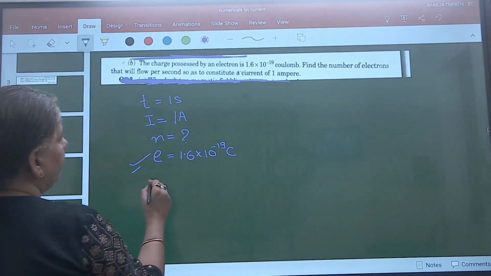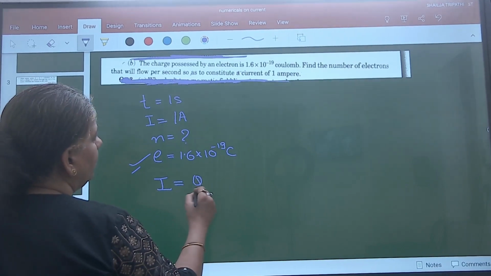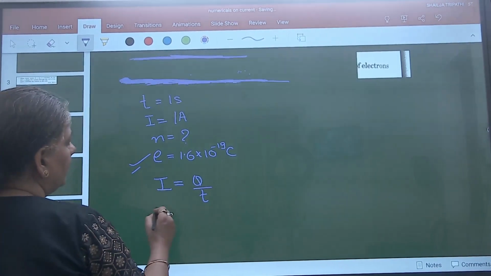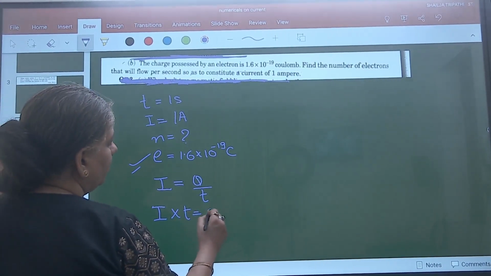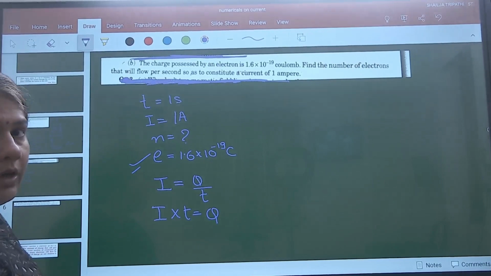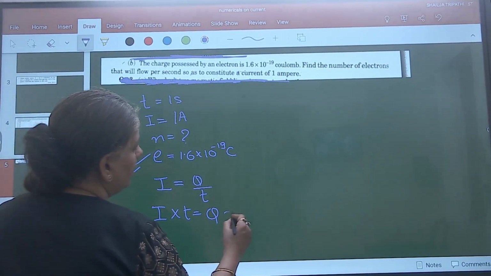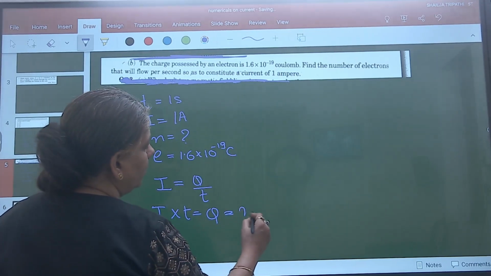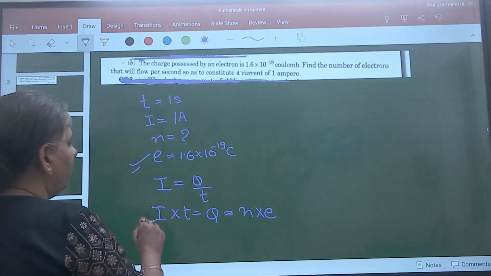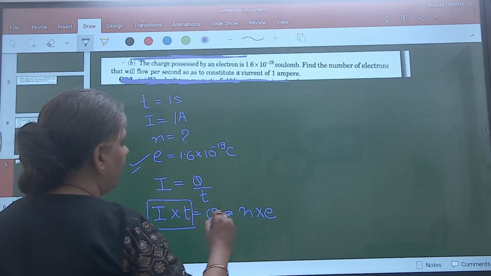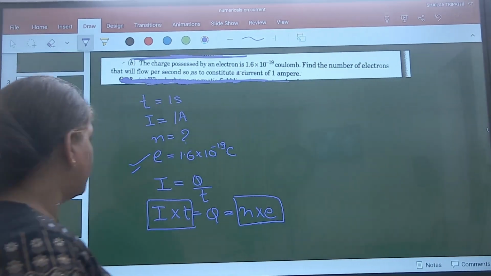First we'll use the relation I is equal to Q by T, that is I into T will give you Q, and Q, that is total charge, is equal to number of electrons into charge on each electron. Now we can use these relations and find the number of electrons.